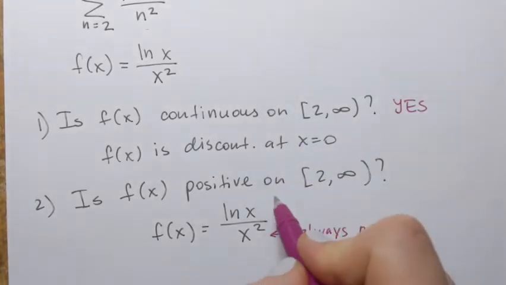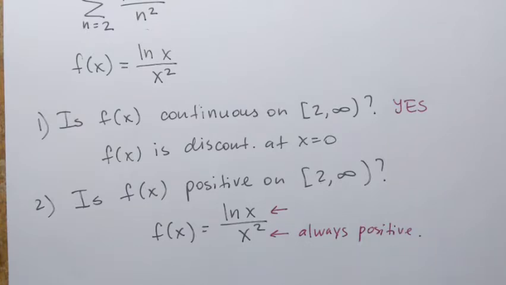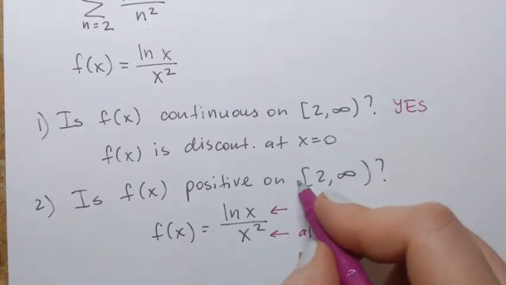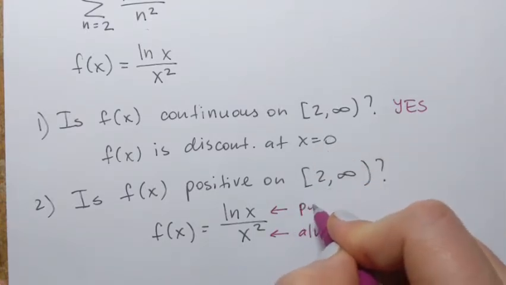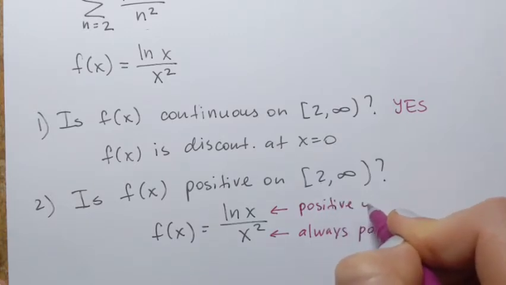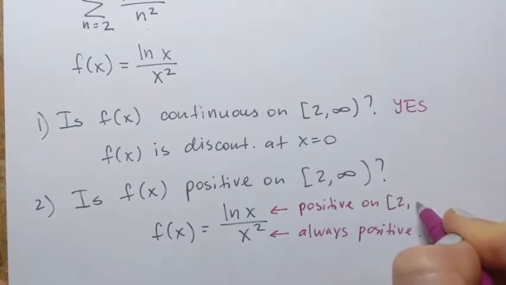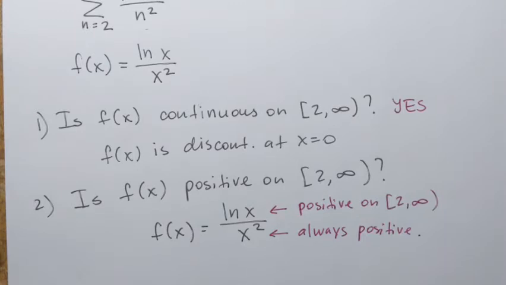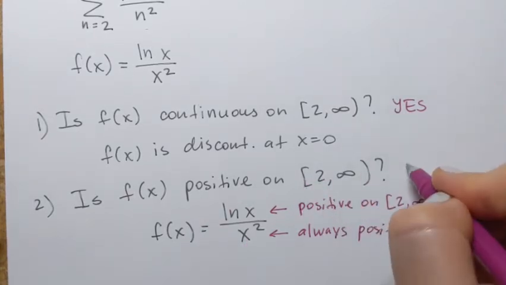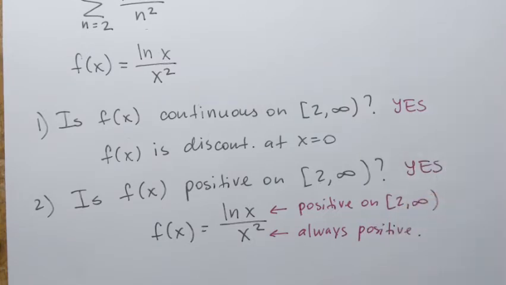So while ln of x in general is not always positive, it looks like it's positive on this interval. So the numerator is positive on the interval from 2 to infinity, and that means that overall the function itself is positive as well.